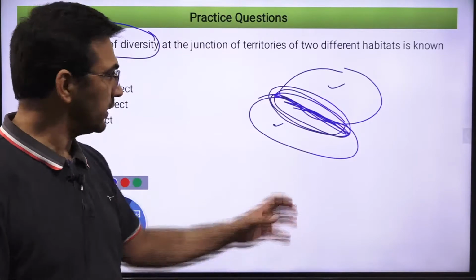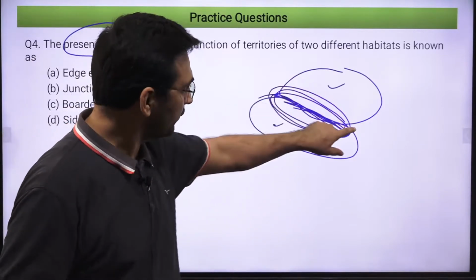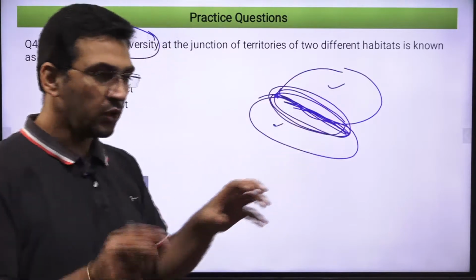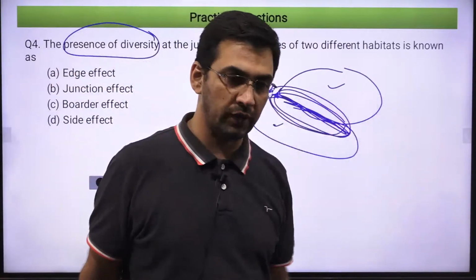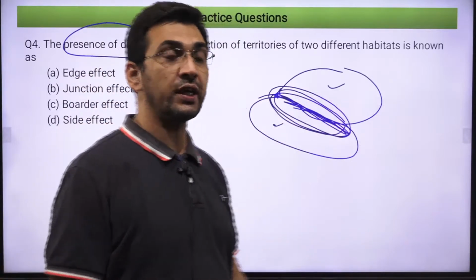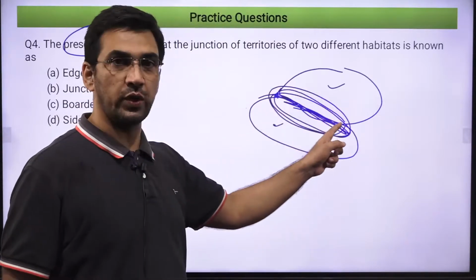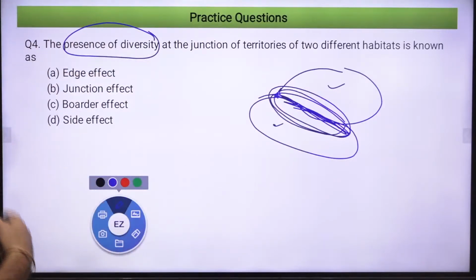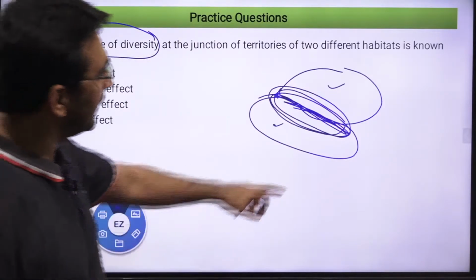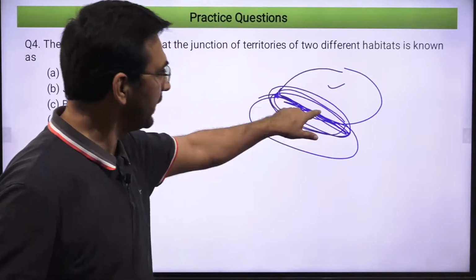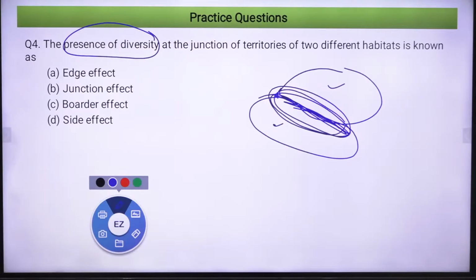At this location where two habitats are meeting together, you're going to have more species existing, maybe of different kinds. This effect of having more diversity at the edge of two habitats where they are meeting, we call an edge effect.